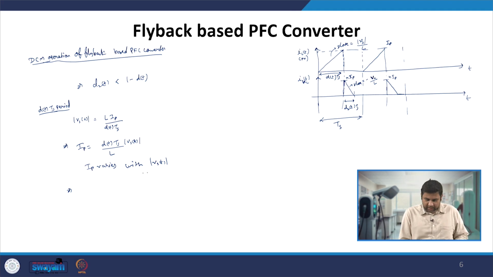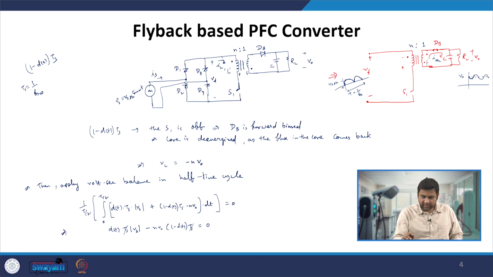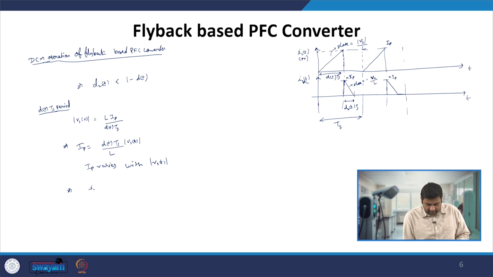So now let us try to find out the average. If we define this as IL current, let us try to find out IL average over Ts duration.